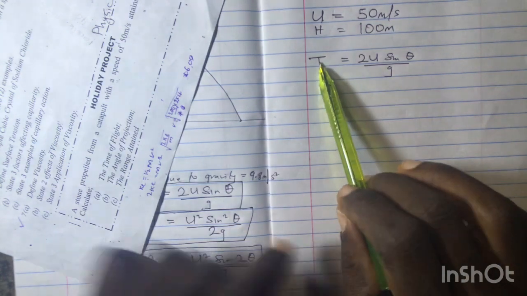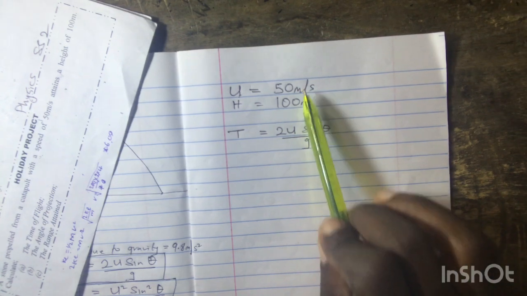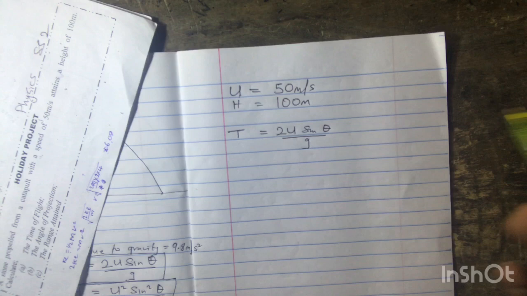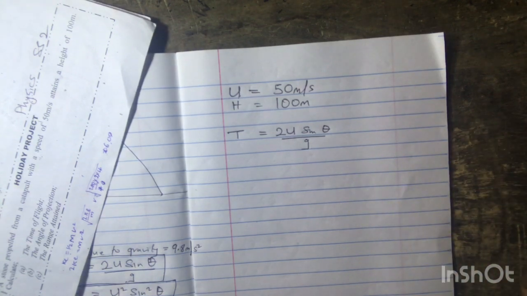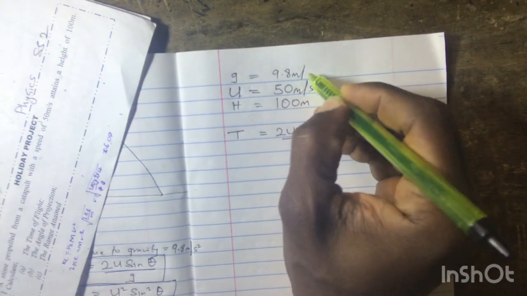If I'm looking for time of flight, I need to know the velocity, the speed, which is given, fine. I need to have g, okay, I'm not given, but it's a constant that you must know. So you include it in your parameters: 9.8 meters per second squared.